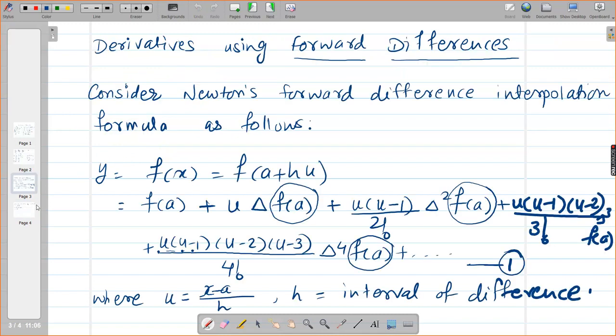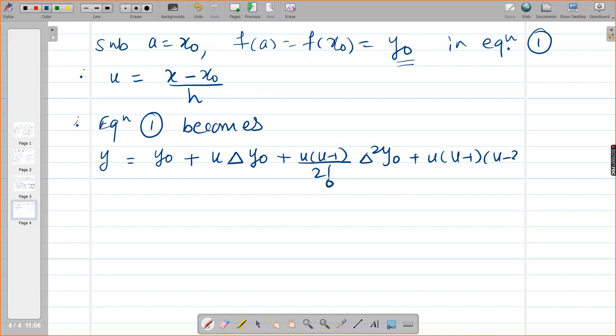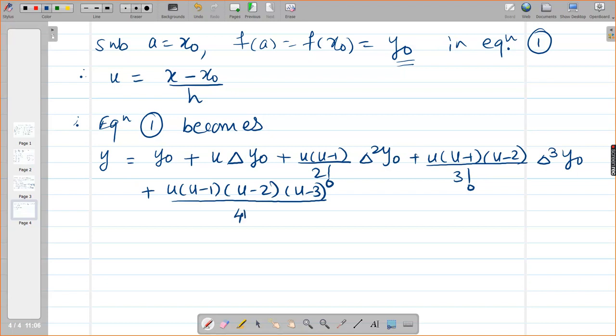See our formula, the first term is f of a, so that is y naught, plus u delta f of a, which becomes delta y naught, plus u into u minus 1 upon 2 factorial delta square y naught, plus u into u minus 1 into u minus 2 upon 3 factorial delta cube y naught, plus u into u minus 1, u minus 2, u minus 3 divided by 4 factorial into delta raised to 4 y naught, and so on.